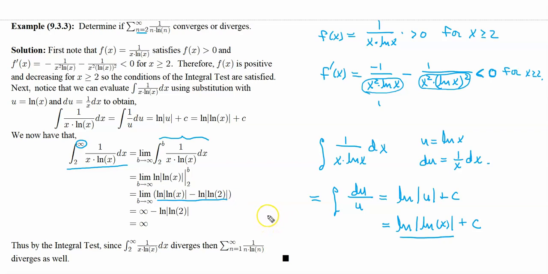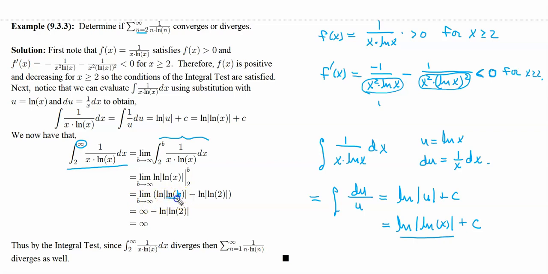Now, in the limit as b approaches infinity, the natural log of b goes to infinity.